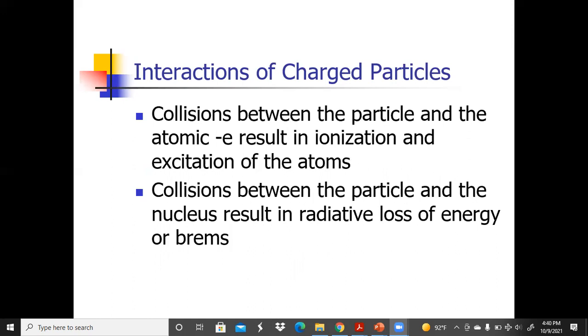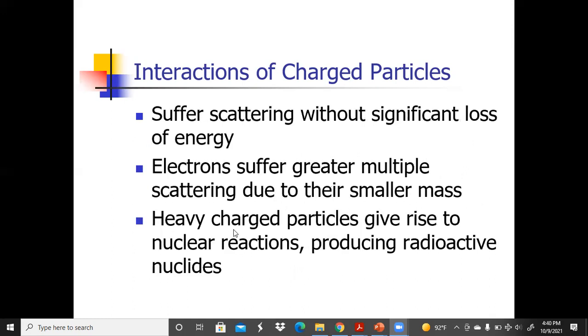The collisions between the particle and the atomic electron result in ionization and excitation of the atoms. Collisions between the particle and the nucleus result in radiative loss of energy, or Bremsstrahlung, which apparently didn't get printed.